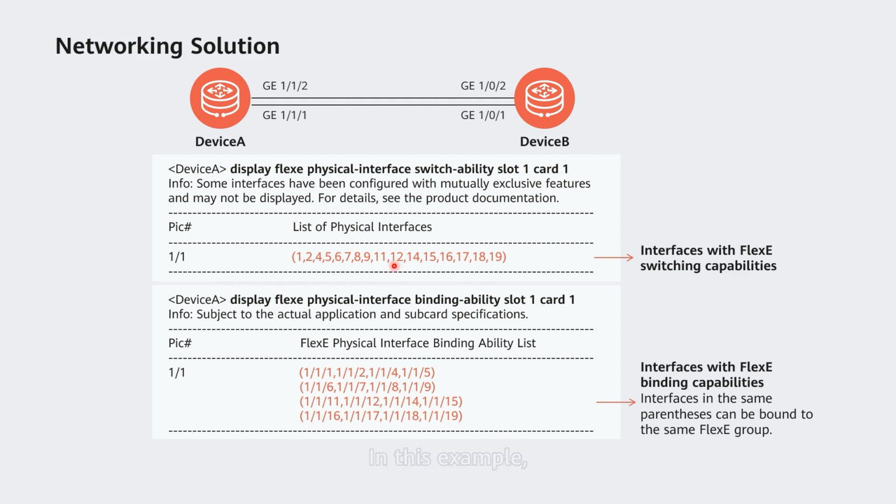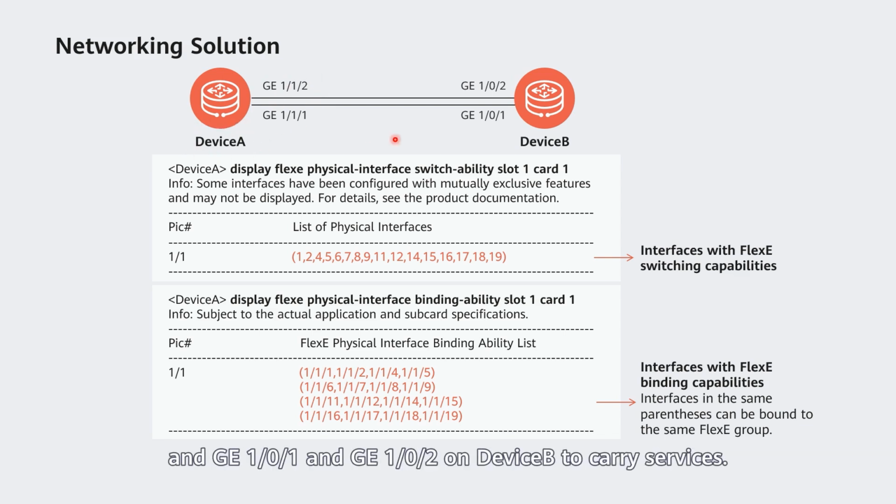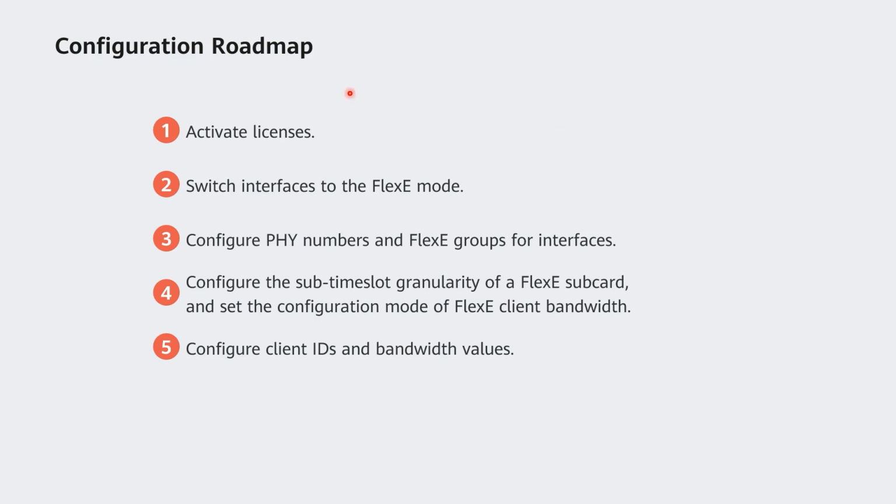In this example, GE1/1/1 and GE1/1/2 are used on device A, and GE1/0/1 and GE1/0/2 on device B to carry services. After these preparations are complete, configuration can begin.